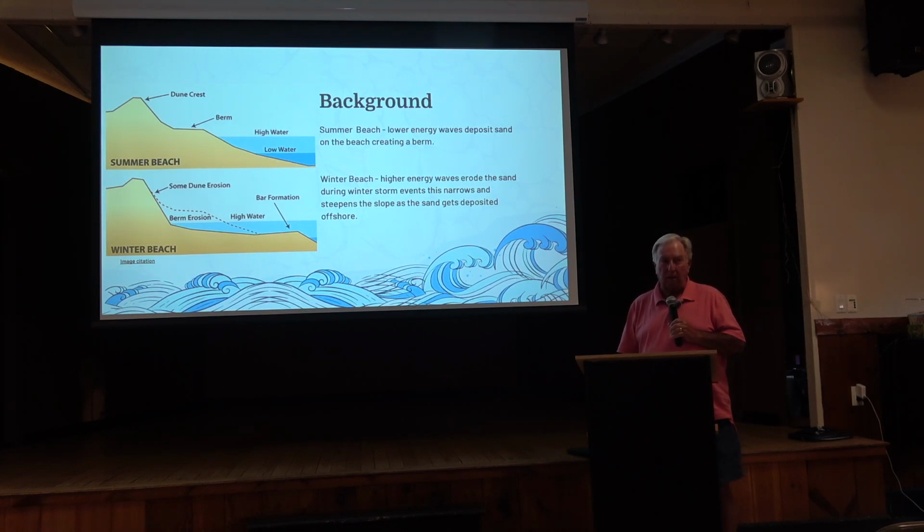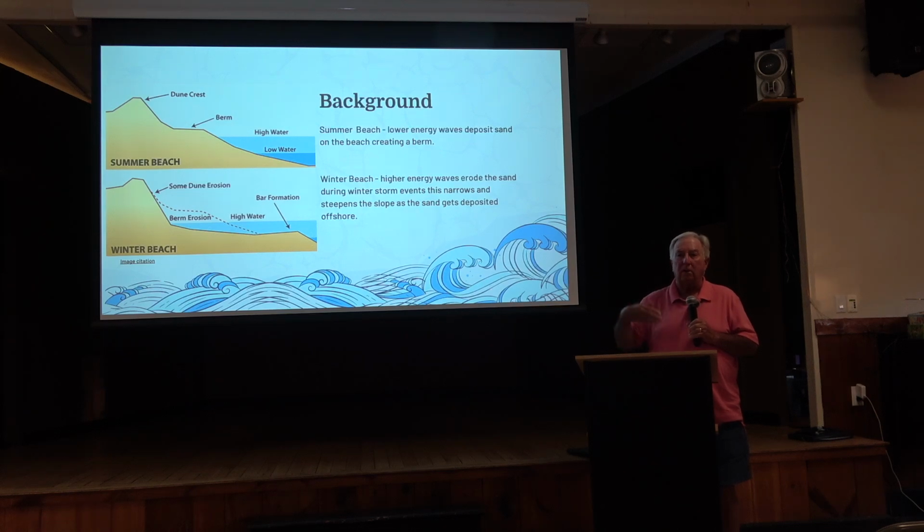This is critical as we see, as you've witnessed the last few days, how these things are changing. So the winter beach is really when you get the worst part. There's no berm, no buffer, so you get more erosion in that period of time.